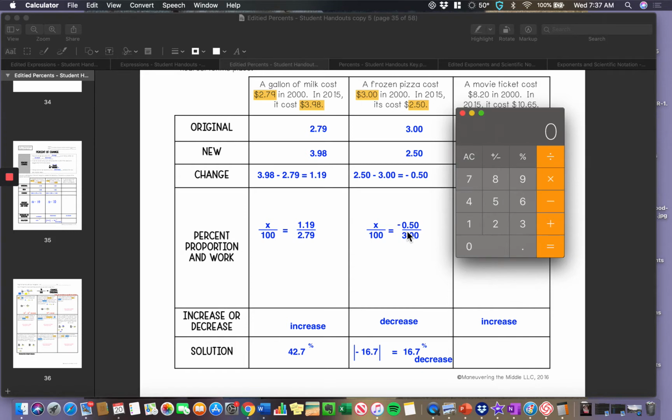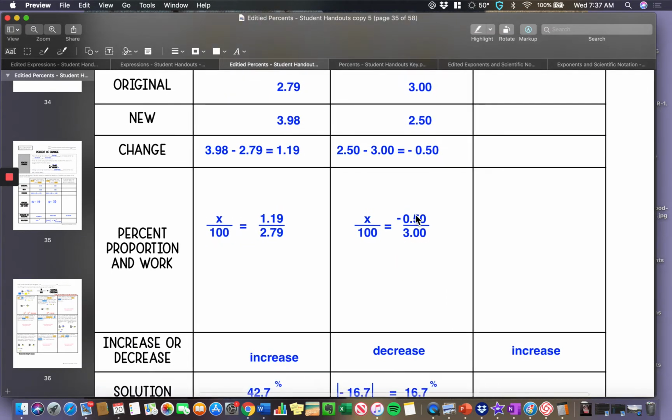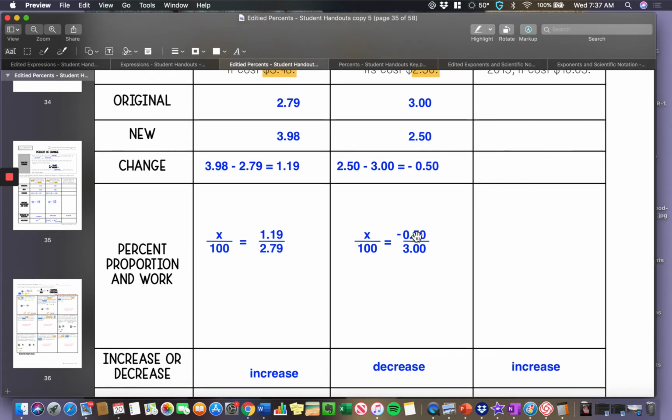So I got negative 50 cents, right? It's going to have gone down. The difference between $2.50 and $3 is 50 cents, or negative 50 cents. So I'm going to be cross multiplying and dividing, and I always like to start with the 100.